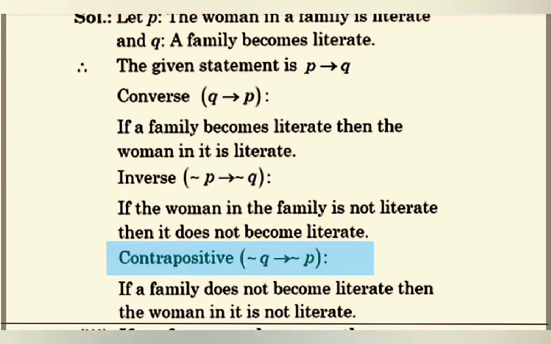Negation Q implies negation P. Means write down negation Q and negation P. Implication means if. What is negation Q? A family does not become literate. Then, this is negation P: the woman in it is not literate.